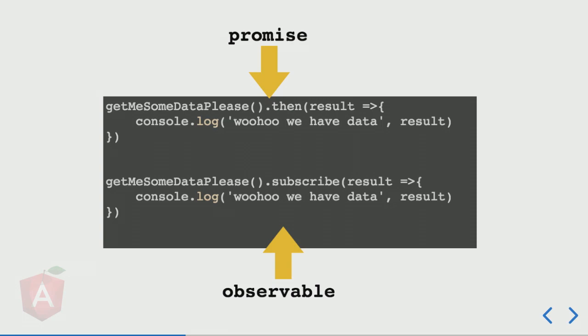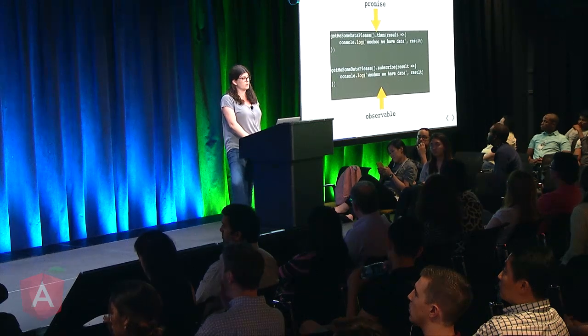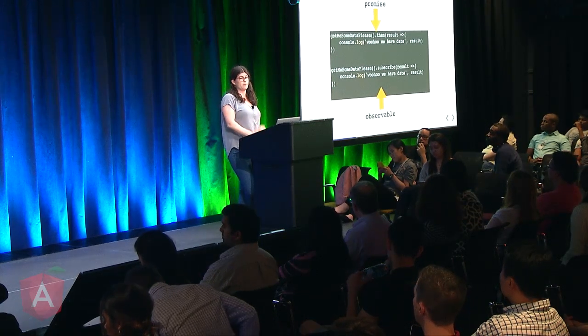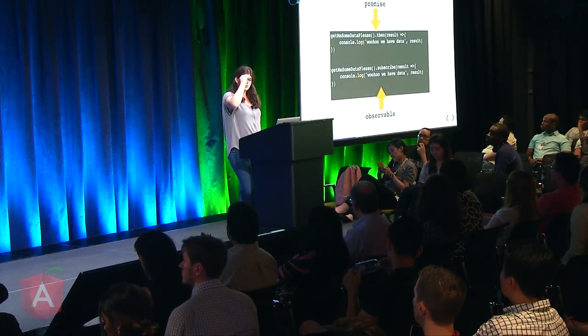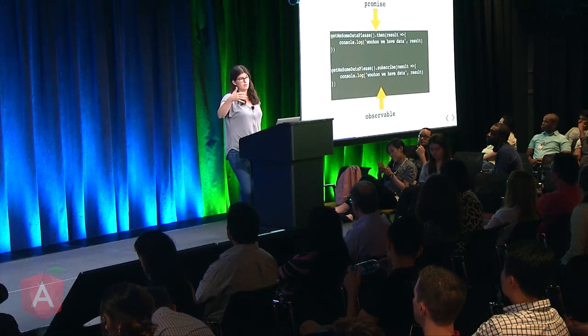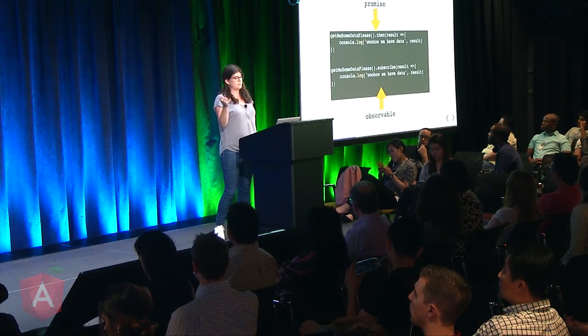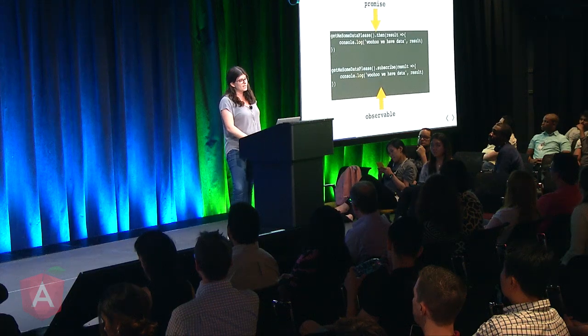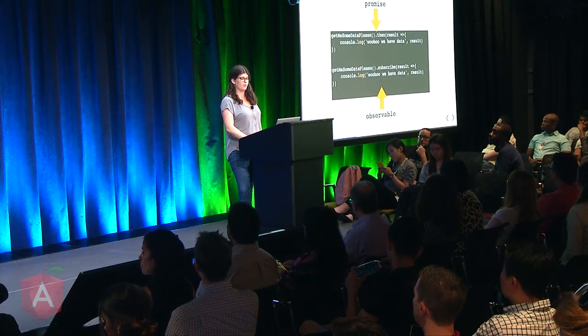Observables, on the other hand, will say, go get me some data asynchronously, and as that data comes in, we're going to continuously do something with that data. So every time new data comes to the subscription, we'll console log, woohoo, we have data, and that new result. A classic example of observables is when a user clicks a mouse. If you set up an observable that takes in data from those mouse clicks, and then set up a subscription to that observable, every time the user clicks, the data will arrive in your subscription.